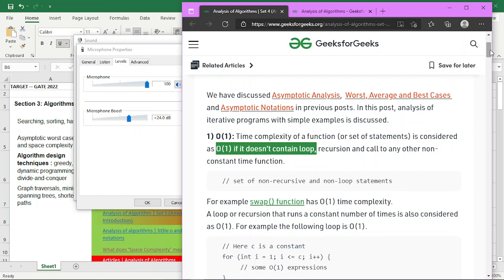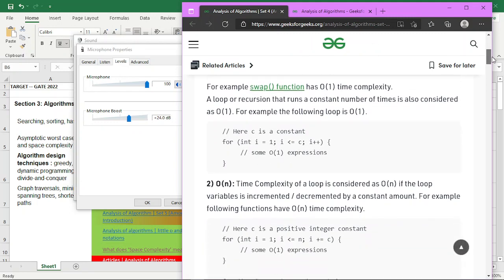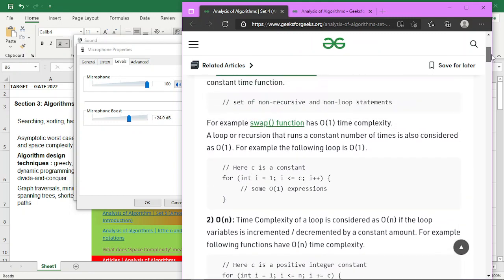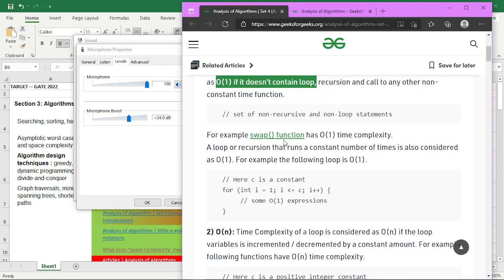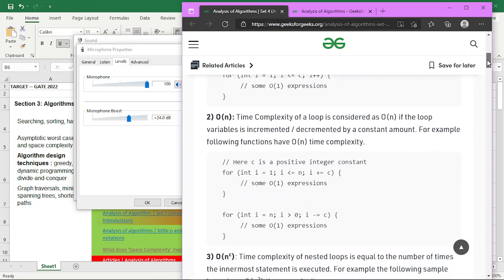Keep in mind that this is big O of 1, so we are considering the worst case. Here an example is given: the swap function, where we just swap the values of two variables. It's order of 1 time complexity, big O of 1.